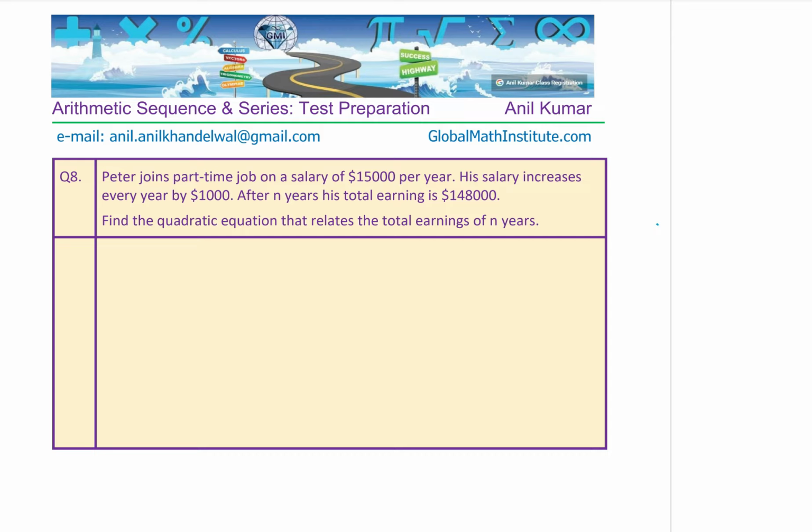So basically, what we see here is that Peter joins on a salary of 15,000 per year. Every year, the salary increases by 1,000. So, right, it is 15,000, becomes 16,000.